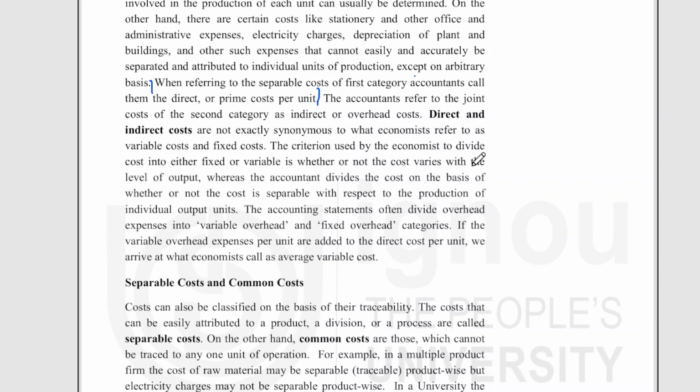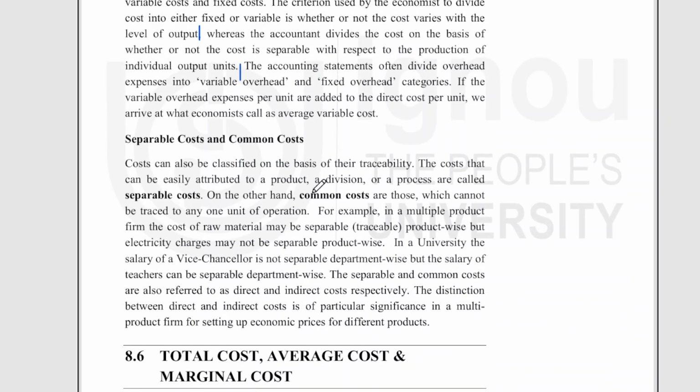The criterion used by the economist to divide cost into fixed or variable is whether or not the cost varies with the level of output, whereas the accountant divides the cost on the basis of whether or not the cost is separable with respect to the production of individual output units. Accounting statements often divide overhead expenses into variable overhead and fixed overhead categories. If the variable overhead expenses per unit are added to the direct cost per unit, we arrive at what economists call average variable cost.